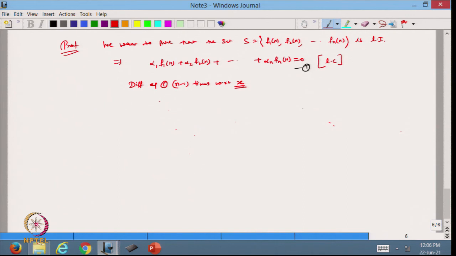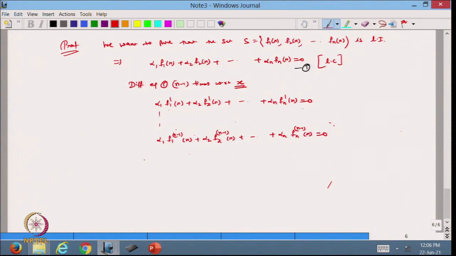So, I can write alpha 1 f1 dash x plus alpha 2 f2 dash x plus ... plus alpha n fn dash x equal to 0, and so on, up to alpha 1 f1 n minus 1 derivative, alpha 2 f2 n minus 1 derivative, ..., alpha n fn n minus 1 derivative, and that is also 0.